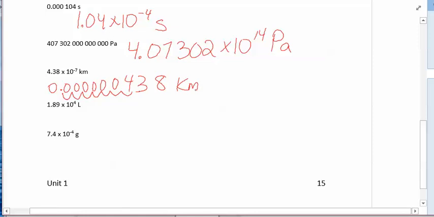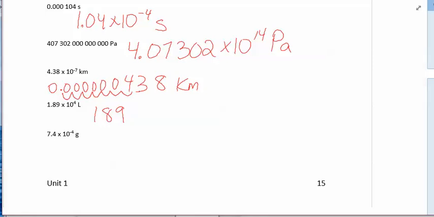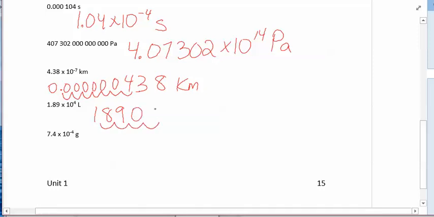The next one is a positive number, so it's 189 to the 4th. My decimal was here, and I'm going to move it 1, 2, 3, 4 slots. So it's 18,900 liters for this number. And then the last one, we're doing the same thing. We have 74.